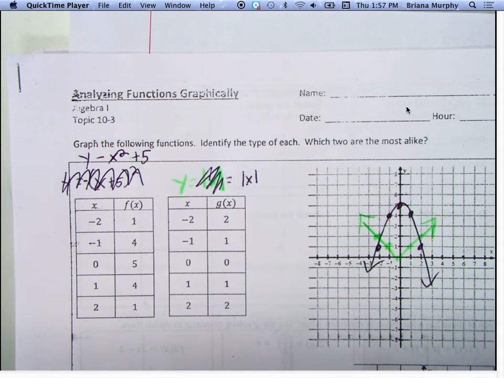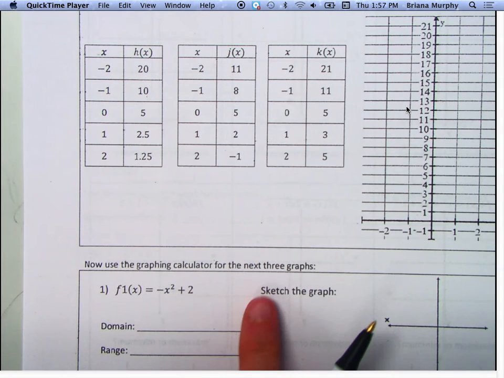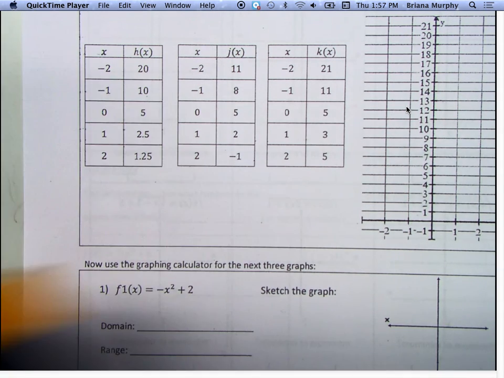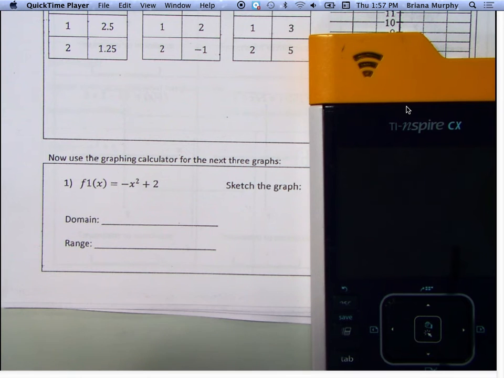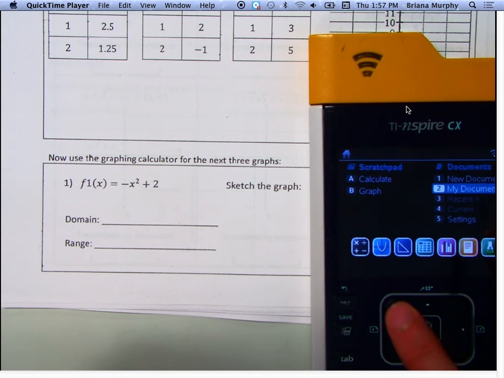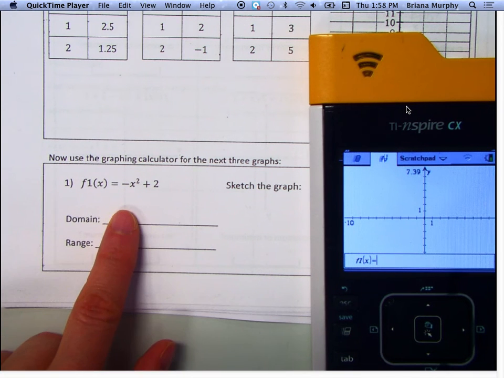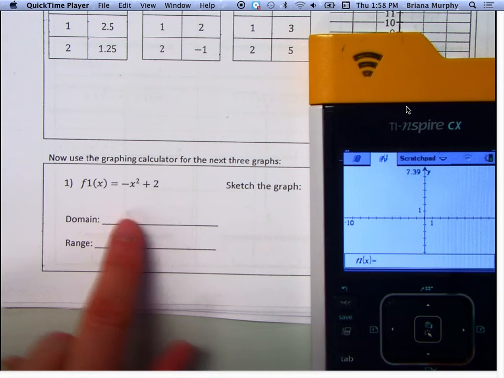Okay. Let's actually skip this one right here. We're going to move all the way down. We're going to use our graphing calculator for the next 3 graphs. Okay, you guys seem to like that better. So I'm going to pull up my graphing calculator, open a graph page, and if the f1(x) doesn't show up, if you hit the tab key, it does.